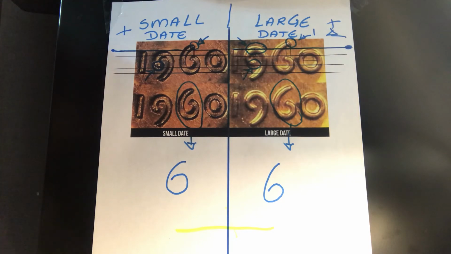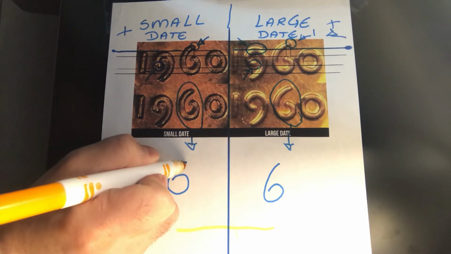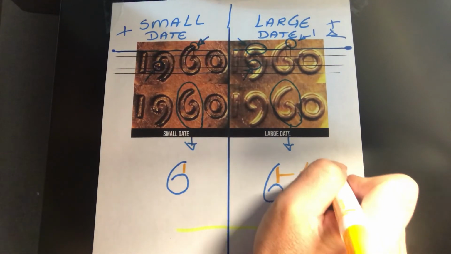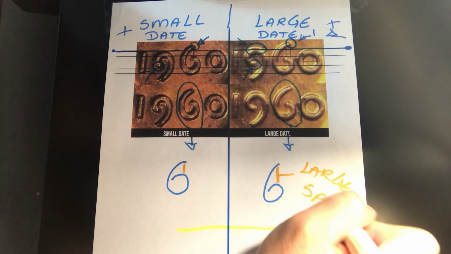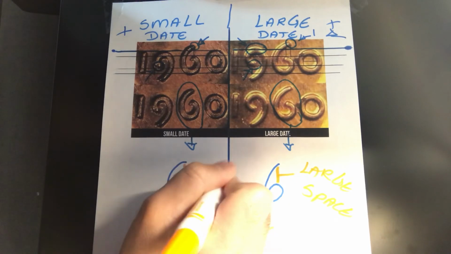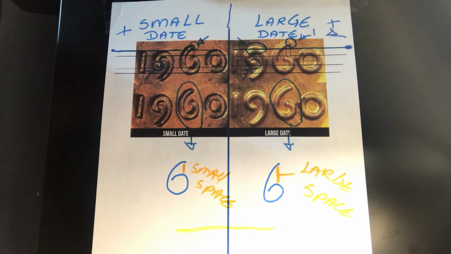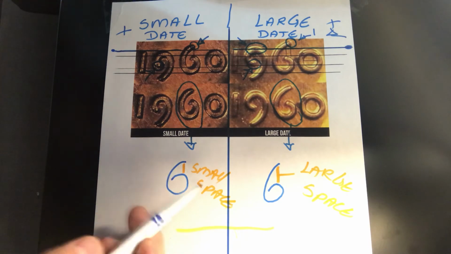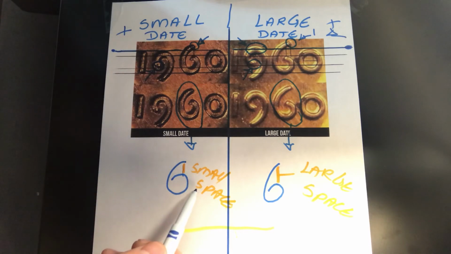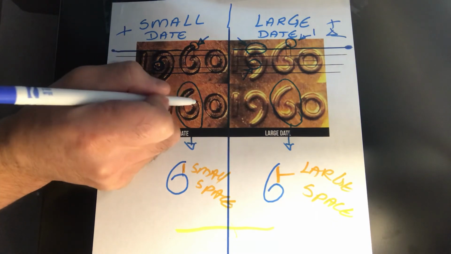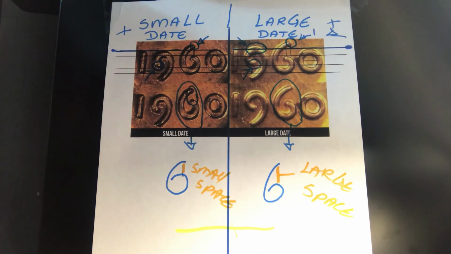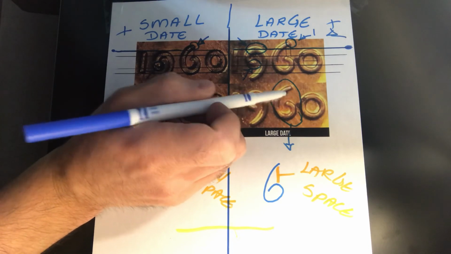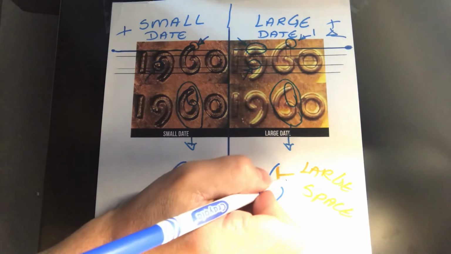The 6 looks exactly the same, but you focus in here, between the gap. For a small date, the number 6 has a small space right in this space. You can see in here, it's small, almost closed. And the large date has a big gap, a big space in here. So it's a large space in here.